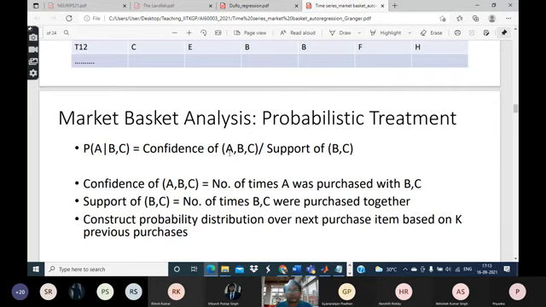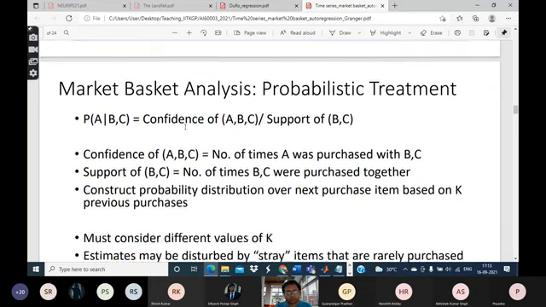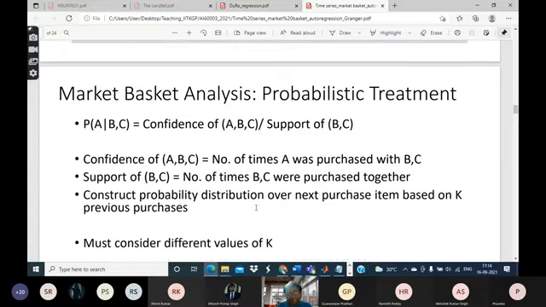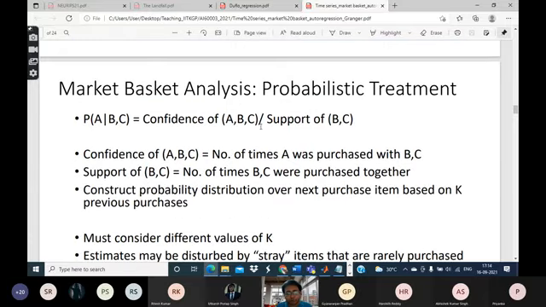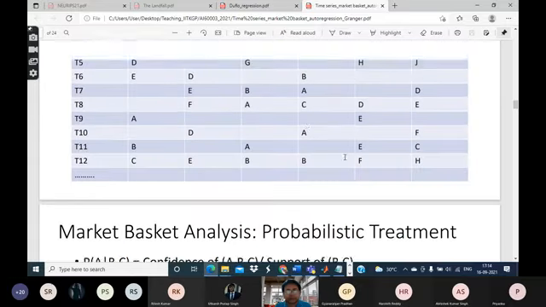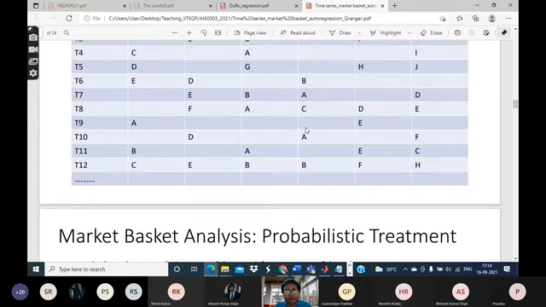Now we are considering a proposal that A, B and C are being bought together to complete the item set. Okay. So the confidence of ABC is basically the frequency of the number of times A, B, C were bought together, divided by the support of the evidence BC, that is, the number of times B and C were bought together.